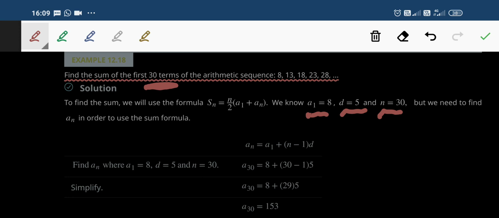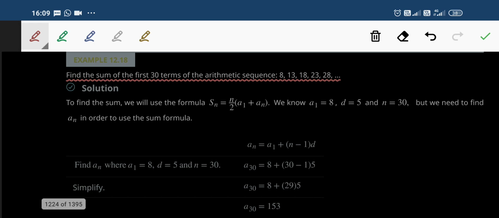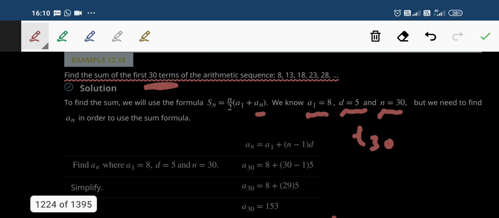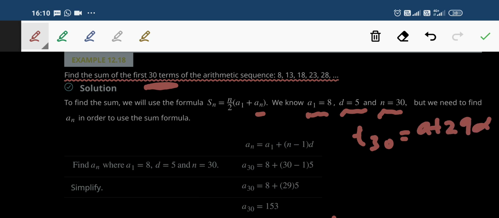Now what is the formula for the sum of n terms of an AP? It is Sn. But here we do not have the last term. We don't have a30, and we need an also to find the solution. So what is a30? a30 is a plus 29d.